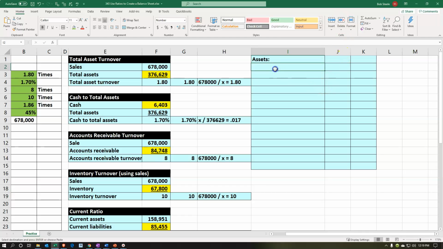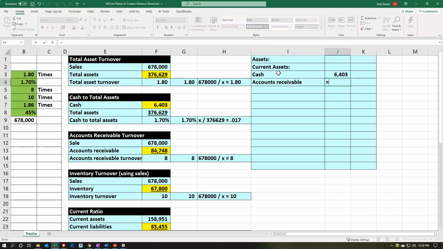It looks like we found cash here as a current asset, and the cash, I'm going to bring this to the center column, is going to be that 6403. We found the accounts receivable, which would typically be a current asset. The 84,748 would pretty much always be a current asset.